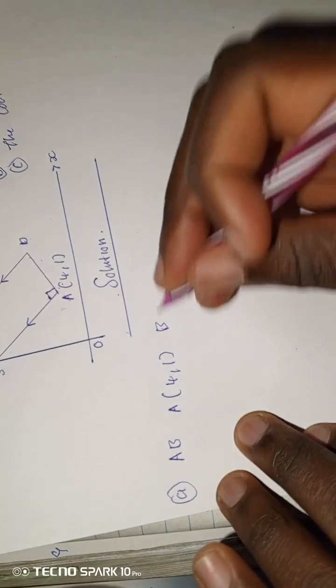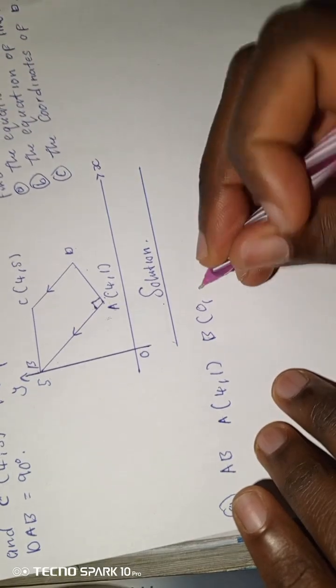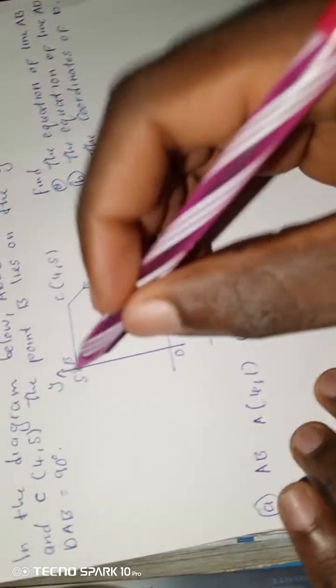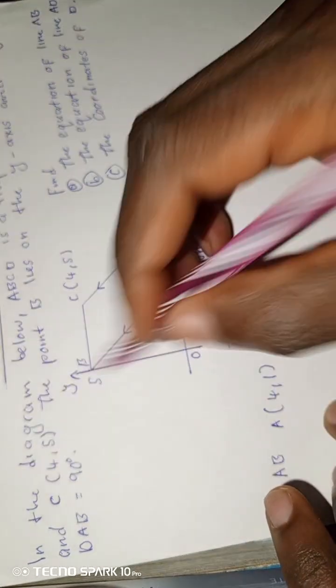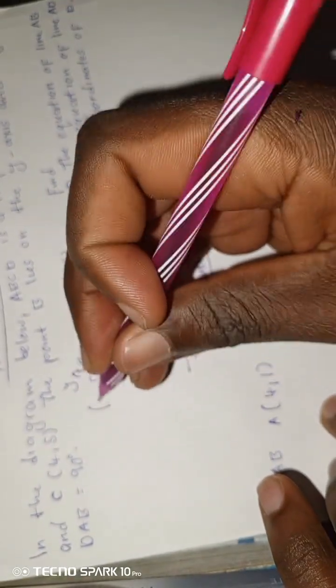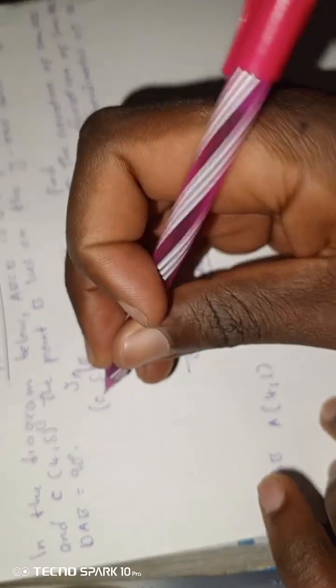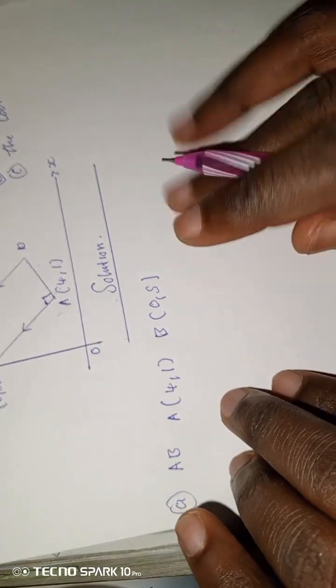And for B, we also have, which will be 0, 5. Here, we know that the x-coordinate on the y-axis is 0. So the coordinates for B here will be, for x, 0, and for y, 5. This is how I came up with this 0.